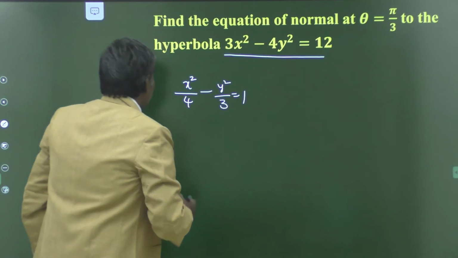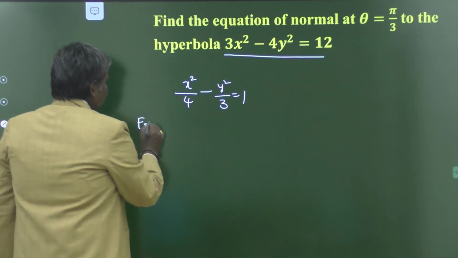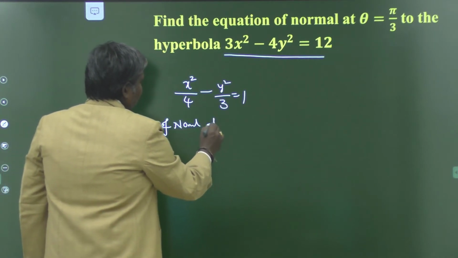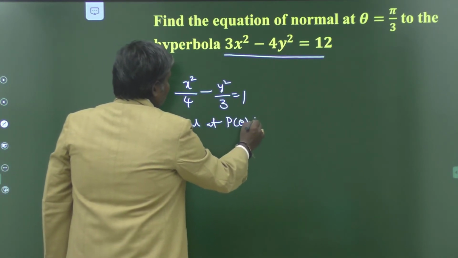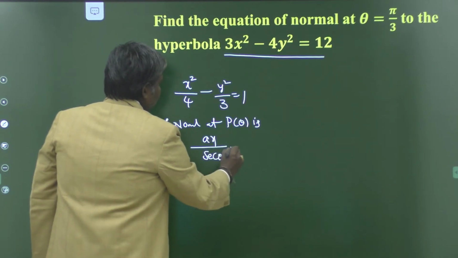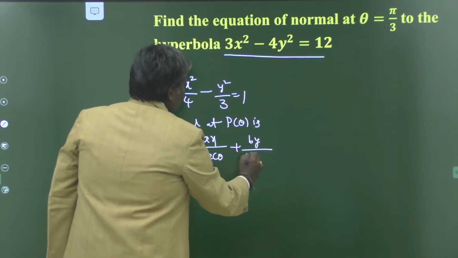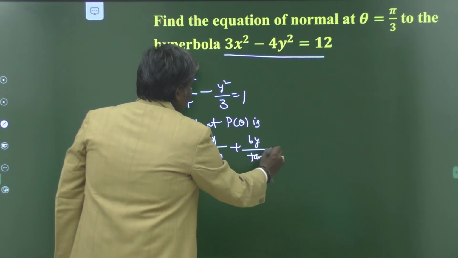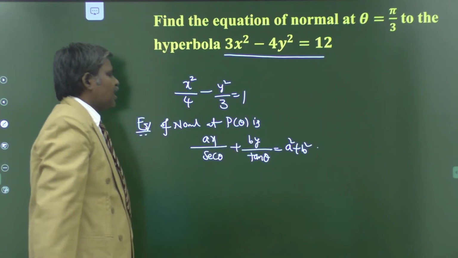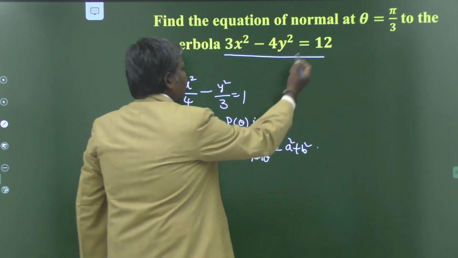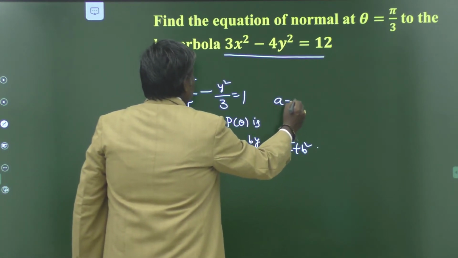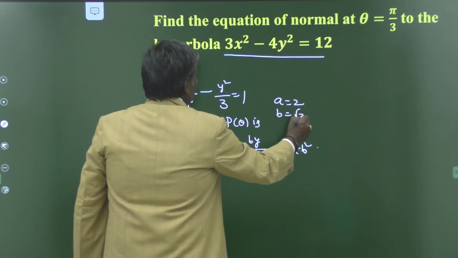So we know the equation of normal at P of θ is ax/secθ + by/tanθ = a² + b². This is the equation of normal at θ. What is your θ? π/3. Substitute here. a = 2, b = √3.